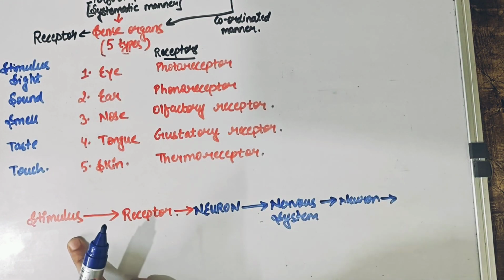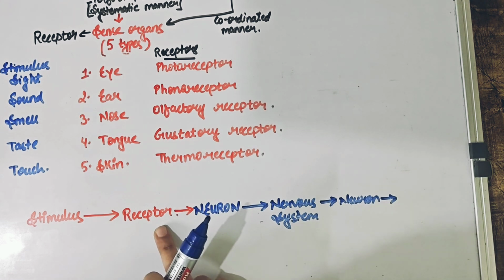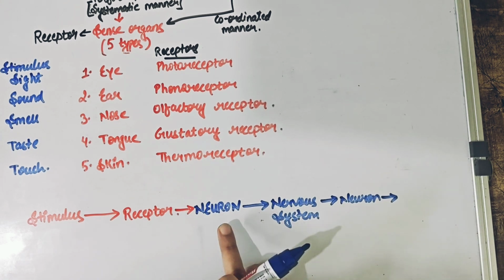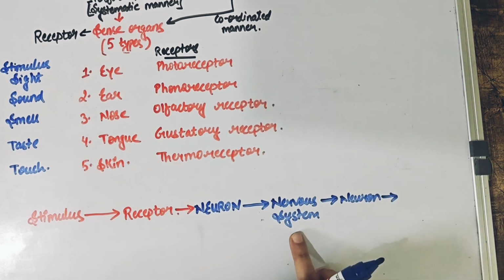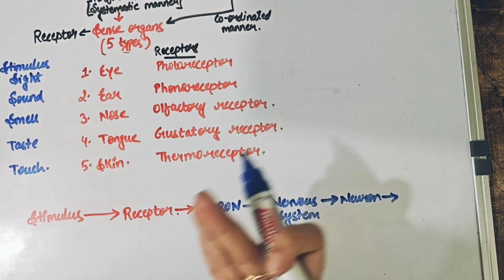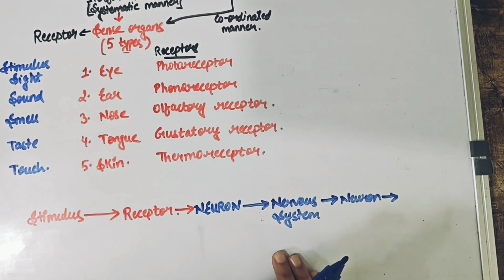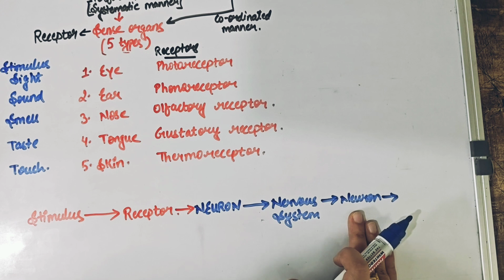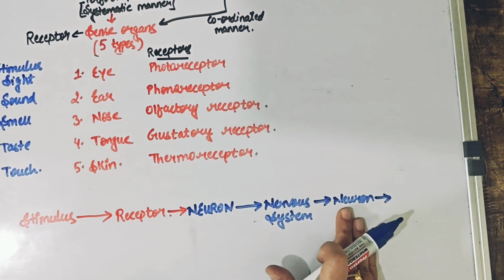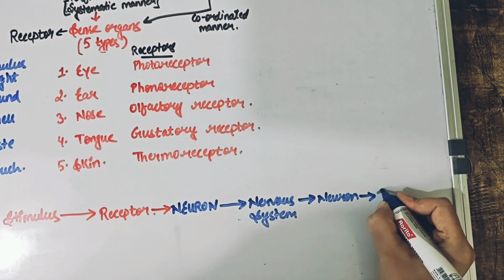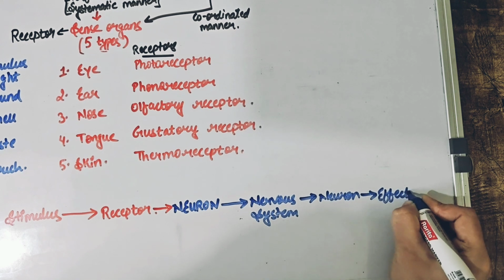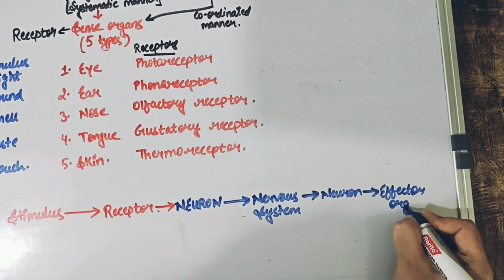Your teacher is speaking, the receptors are accepting the voice of your teacher, sending it through the neuron to your nervous system. Your nervous system is processing the information that, okay, what is your teacher teaching you? And then with the help of neurons again, your neurons are sending the message to your effector organ. Now, what is this?